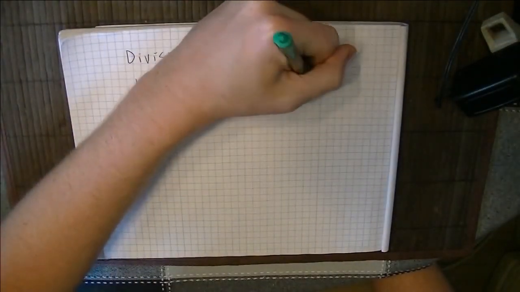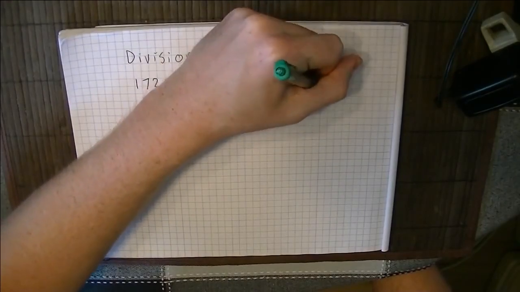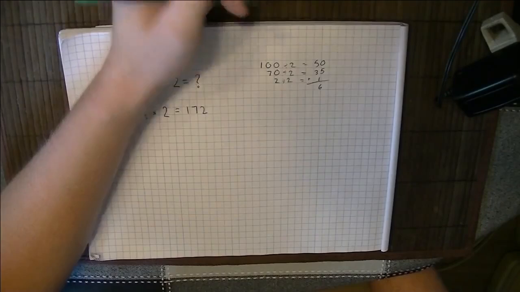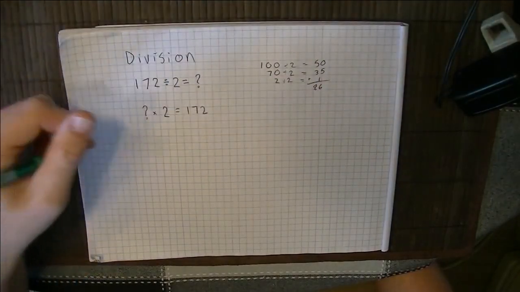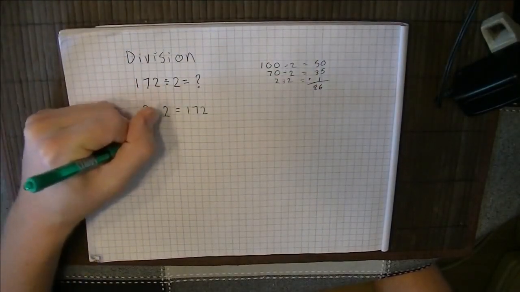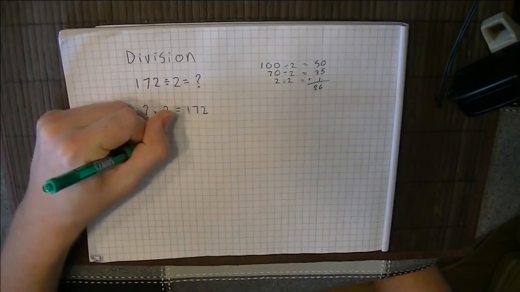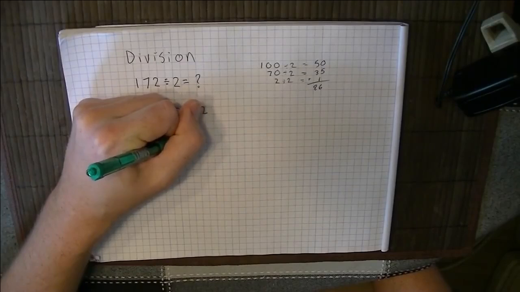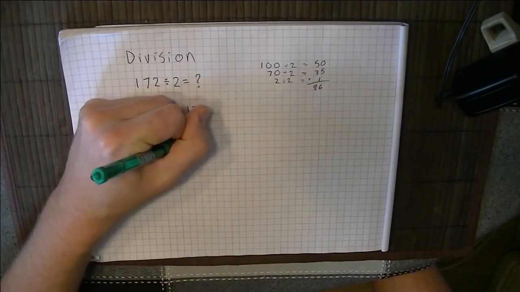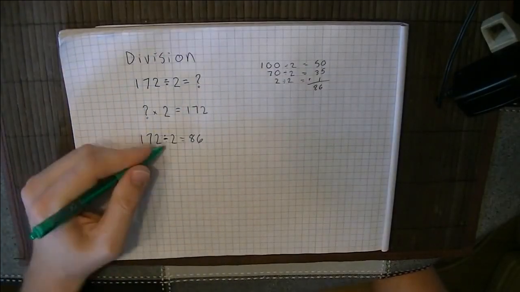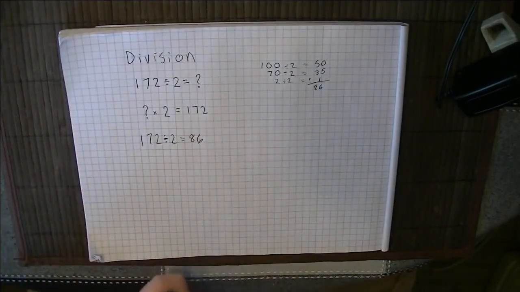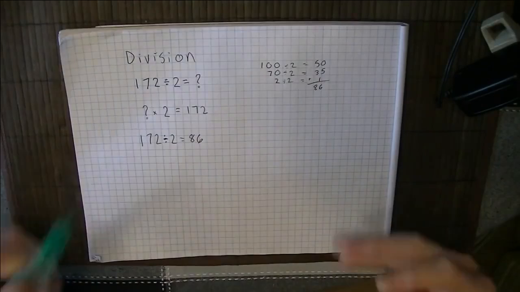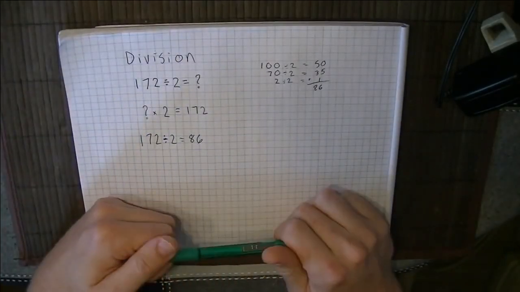And then if we add all those up, I have 5 plus 1 is 6, and 5 plus 3 is 8. So the answer, 172 divided by 2, is equal to 86. Okay, now that works really well for 2 because 2 goes evenly into 10 and 10 is the base that we work in.